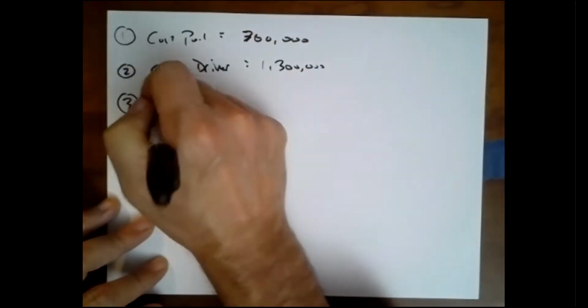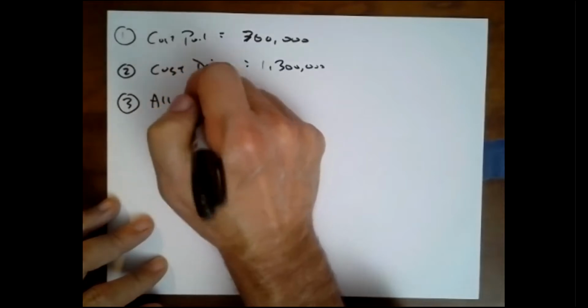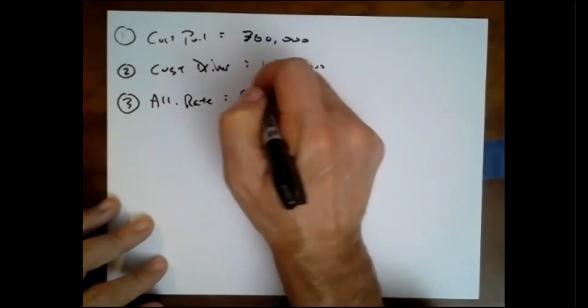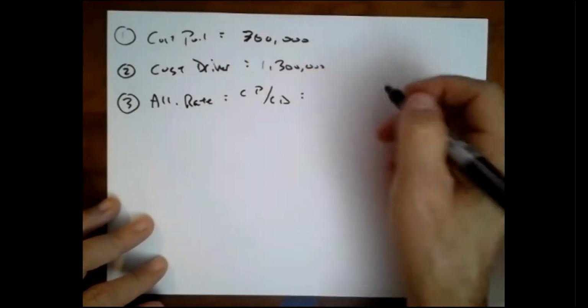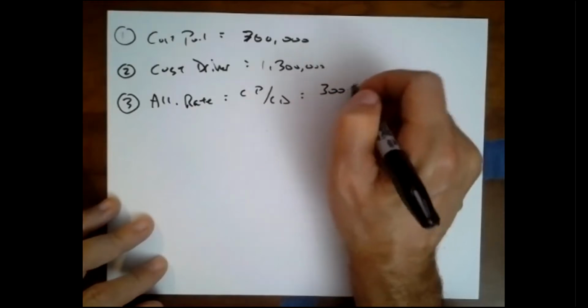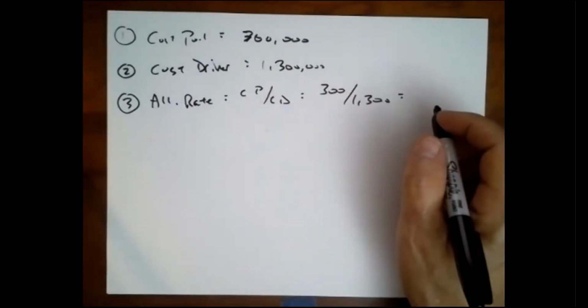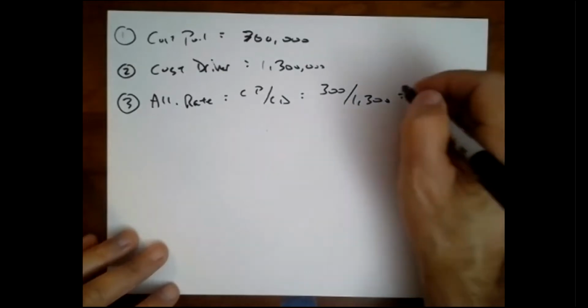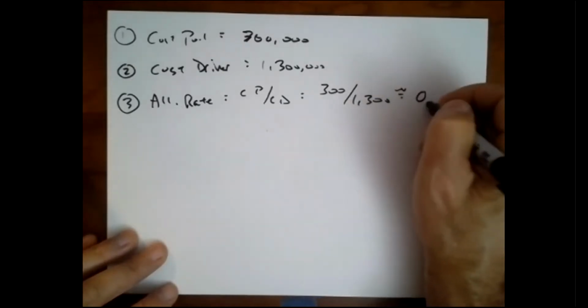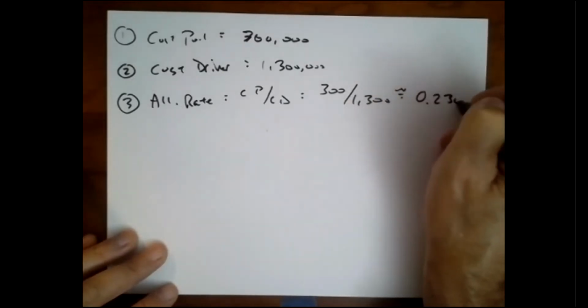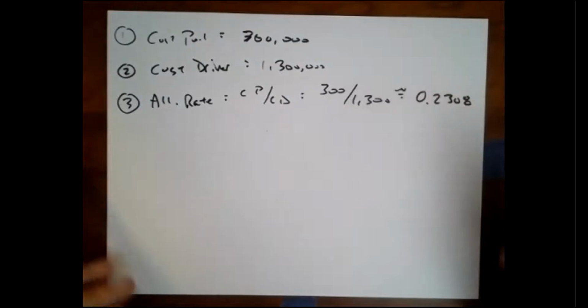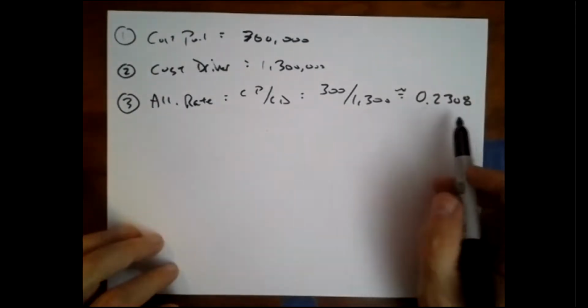Step 3, the allocation rate, which is equal to the cost pool divided by the cost driver. So 300 divided by 1.3 million gives us about 2308.